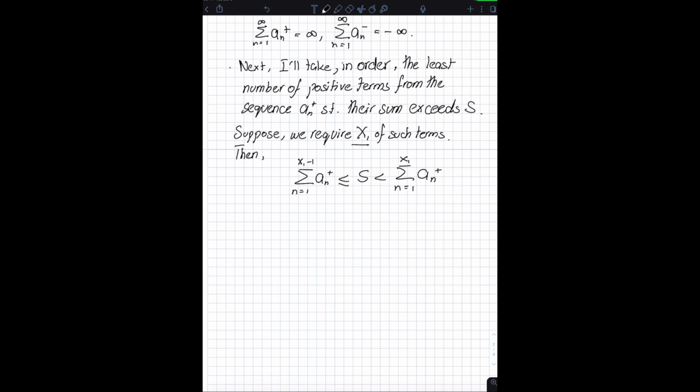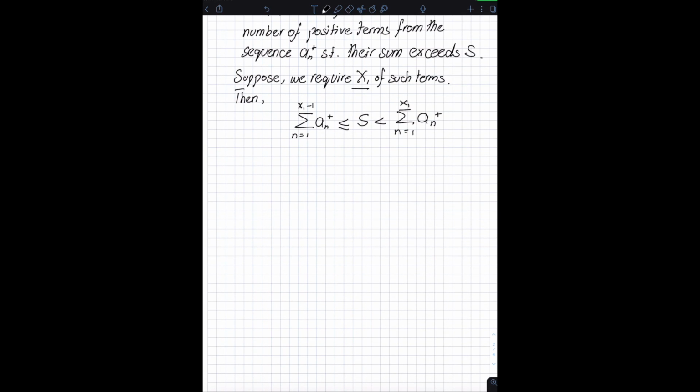So in other words, if this is the sum s that I want to create, then once I have added up the first x1 minus 1 positive terms, I'm slightly below s, but once I have added x1 of the first positive terms, I have exceeded s. So that's the basic idea. That's what it's saying over here in simpler terms.